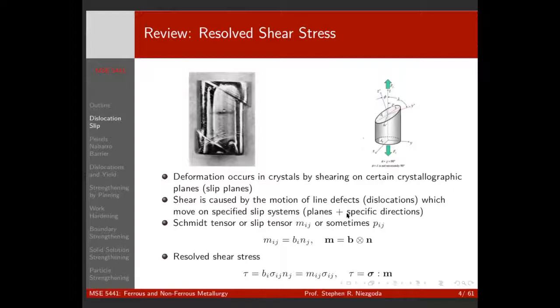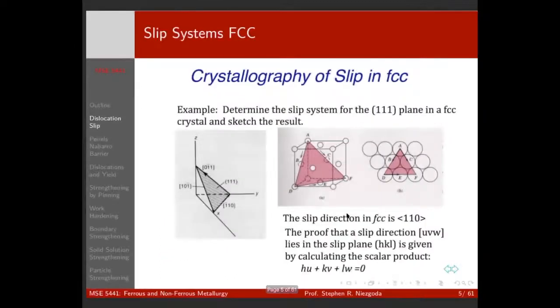How we resolve our shear stress, we project our stress onto the plane, and then onto the direction. In FCC, our slip systems happen to be, what are they? Everyone knows this. What planes? 111. What directions? 110. Why is it 111, 110? Close packed plane, close packed direction. Perfect.